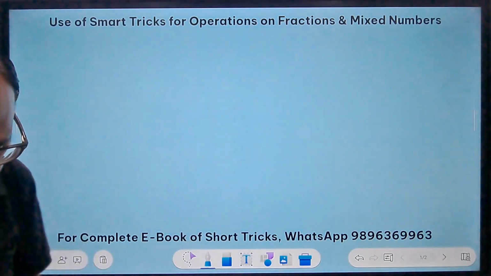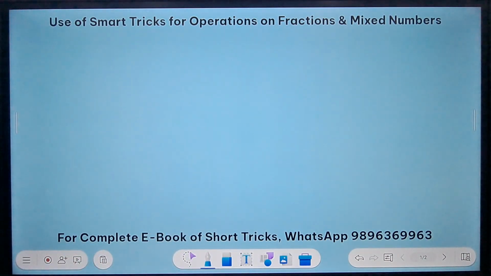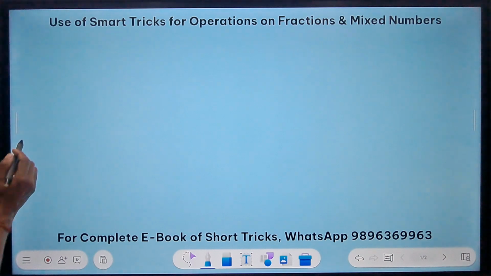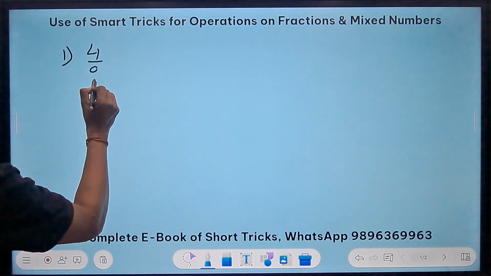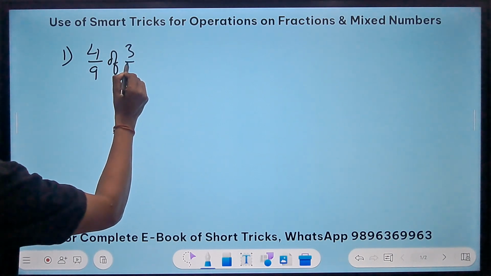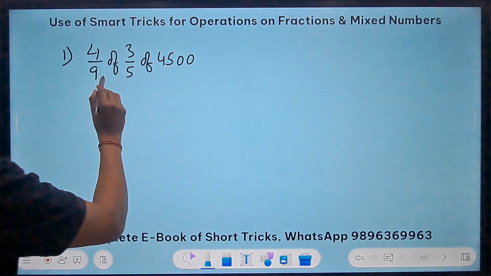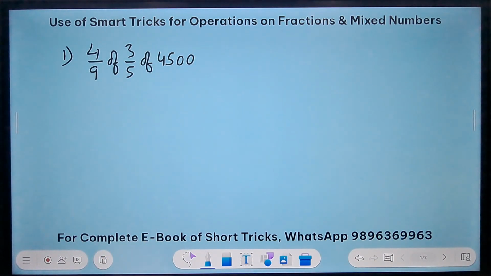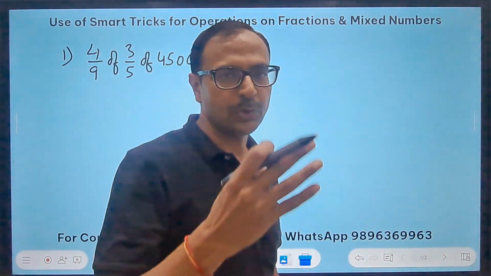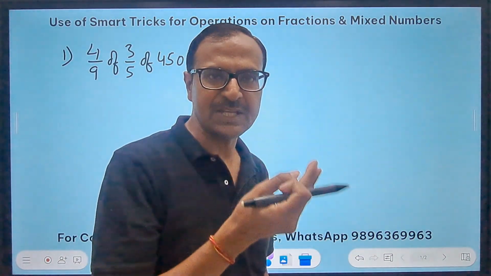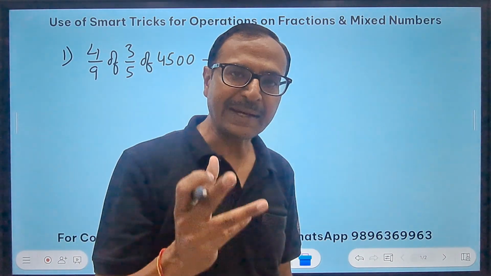So in the first question we have an operation of. As you know, of is another form of a bracket. So if the question involves of, like 4/9 of 3/5 of 4500. Now of is the operation which you have to take up first. Like you have BODMAS, so you take up division first, then multiplication, then addition, then subtraction in that order. Of is a special kind of bracket.